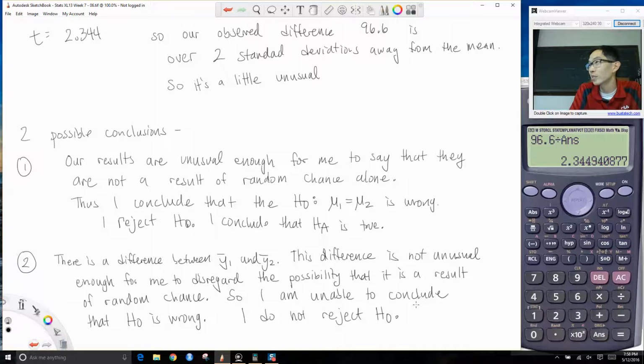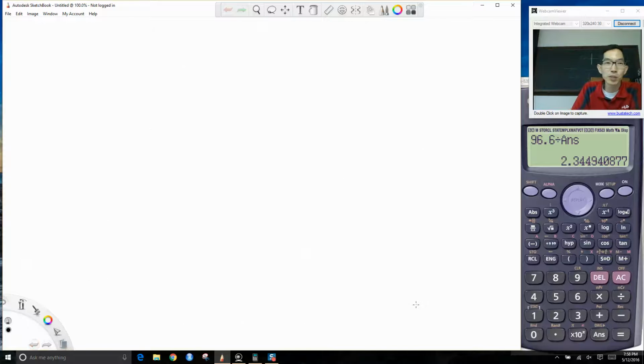We'll find the associated probability with the 2.34, and that's actually our p-value. So we will look up t equal to 2.344 in the T-table.